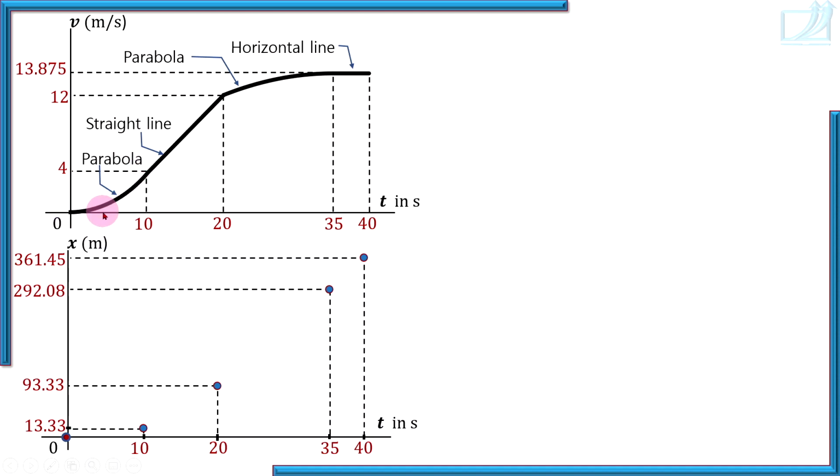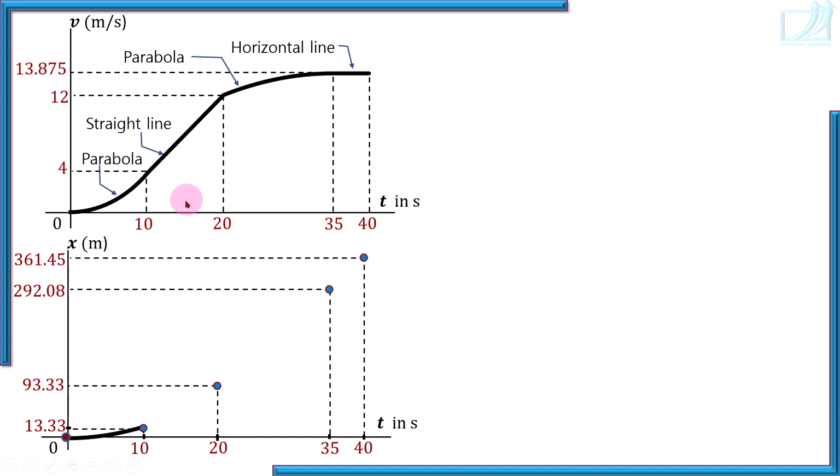That is the y coordinate in this diagram, because velocity is along the y axis. 0 to 10, tell me whether y coordinates are increasing. Yes. So that means the slope of the xt diagram is increasing. So draw a shape that suggests increasing slope. So here it is an increasing slope curve, 0 to 10.